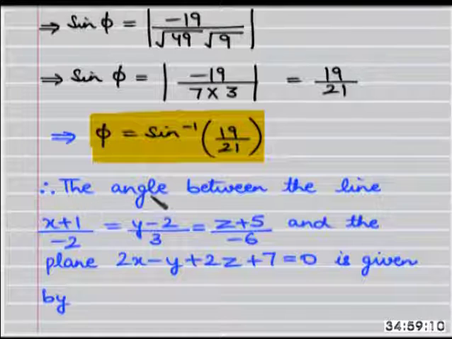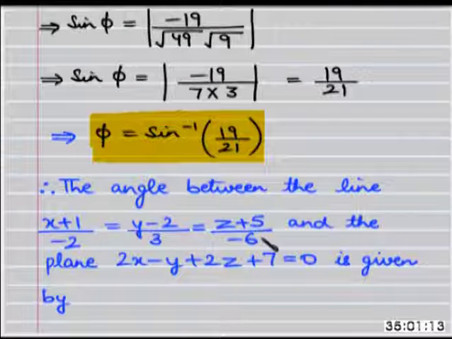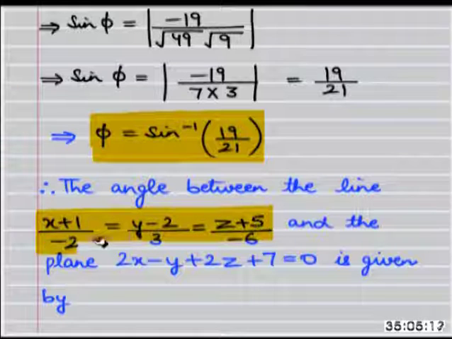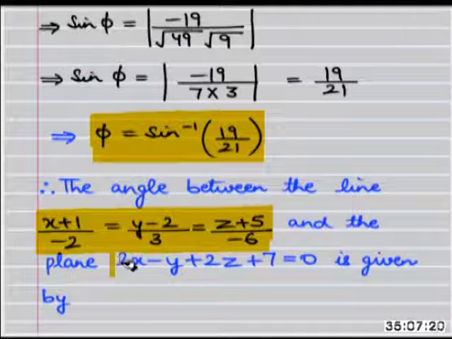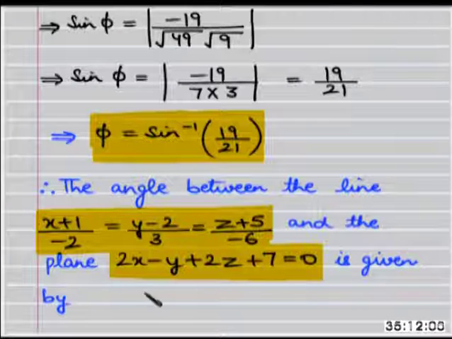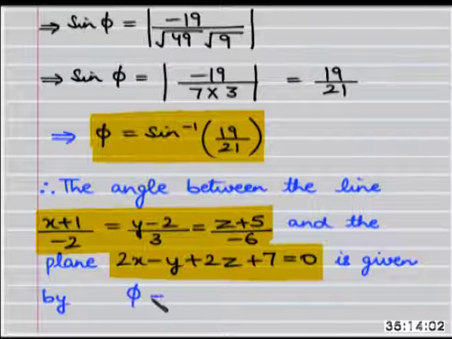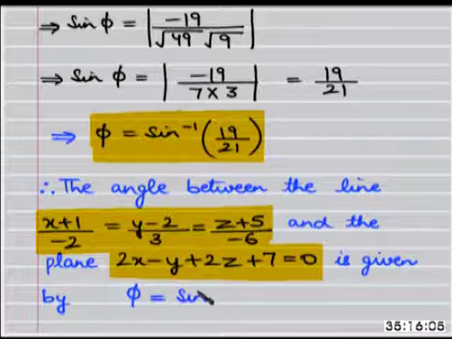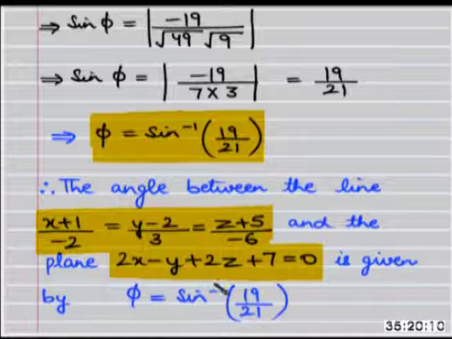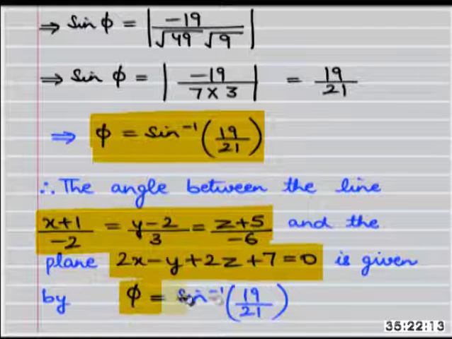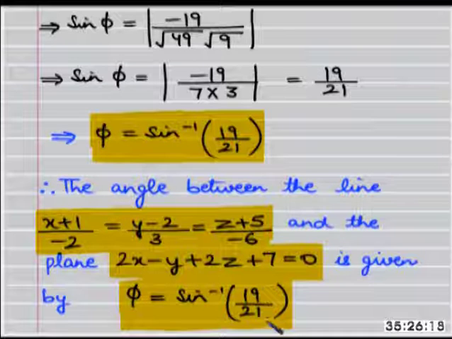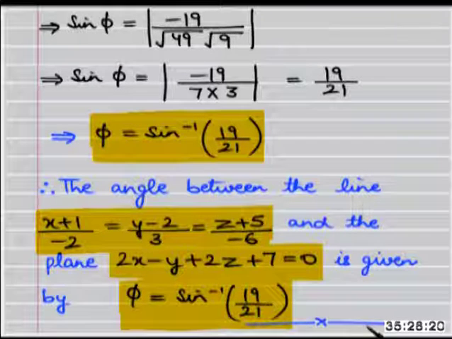Therefore, the angle between the line and the plane is given by phi is equal to sin inverse of 19 upon 21, which is the required solution.